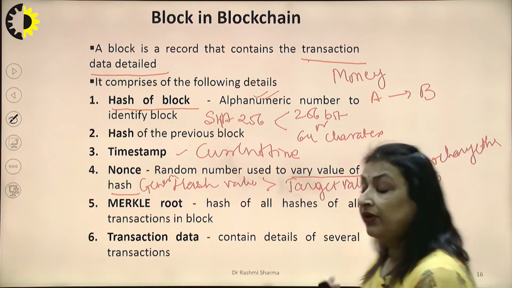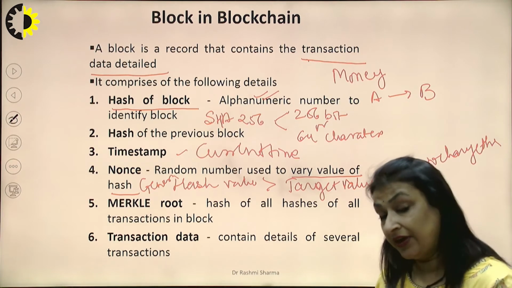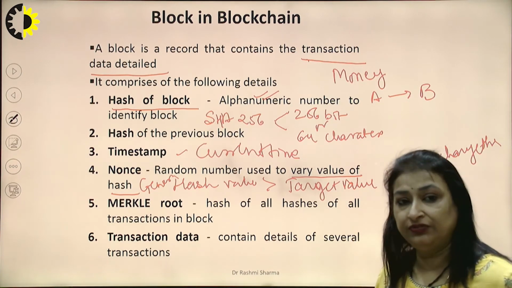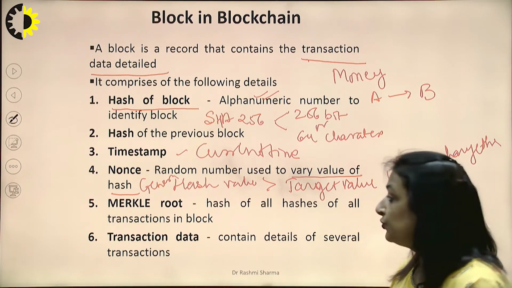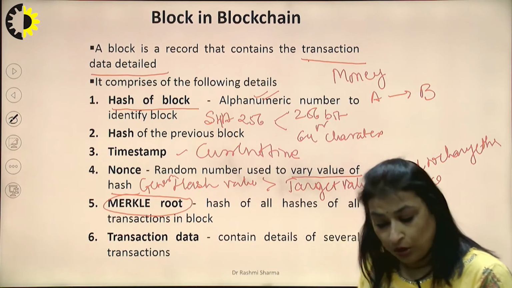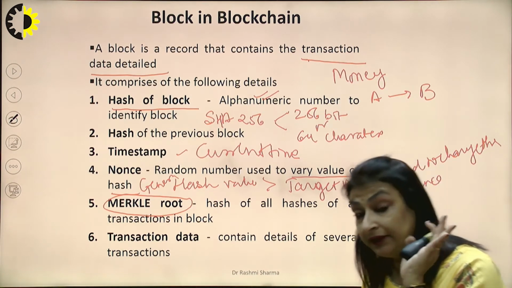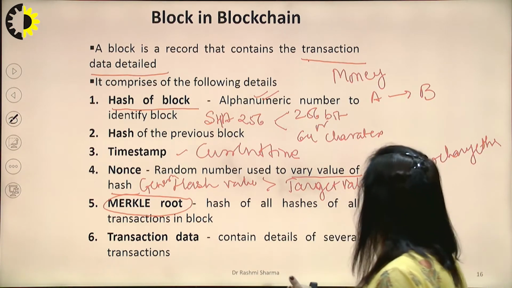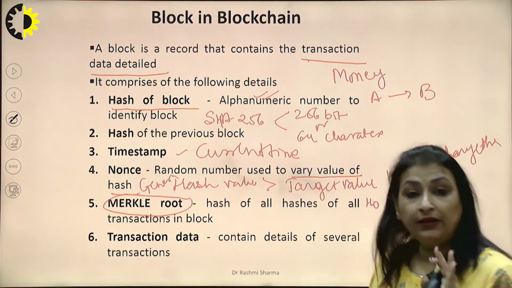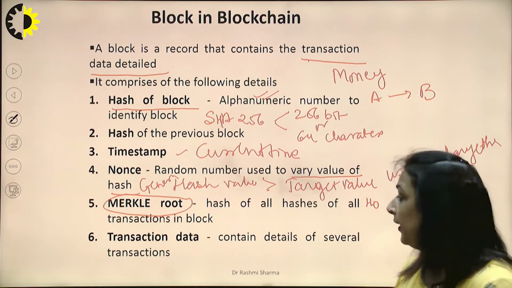Then we discussed the Merkle root, where we were using the hashing, rehashing, and rehashing functions. So that was the tree. We only require the root value, not all the subtree values. Only the root value, with the name H0, would be here in this block.